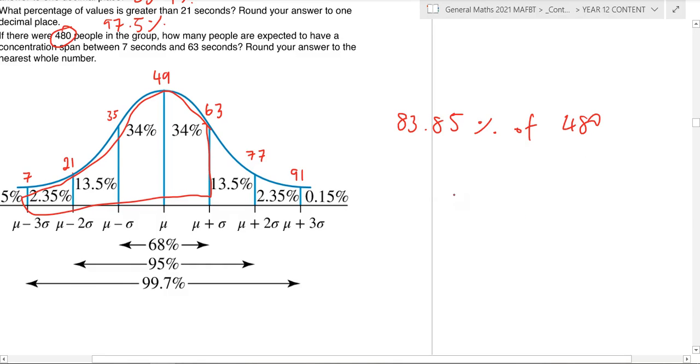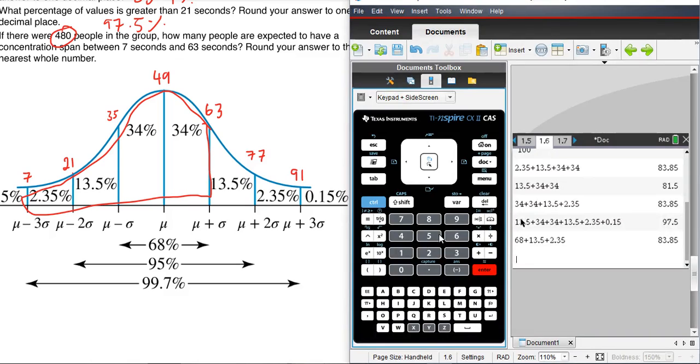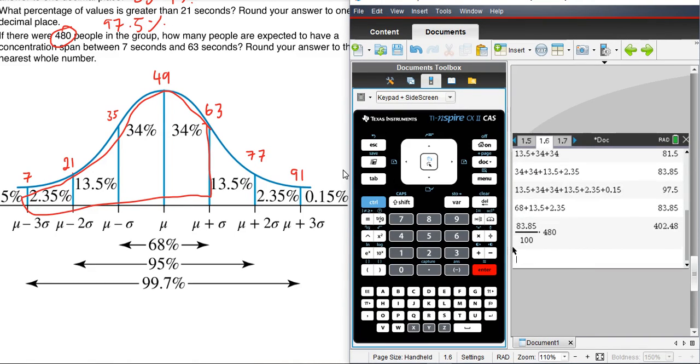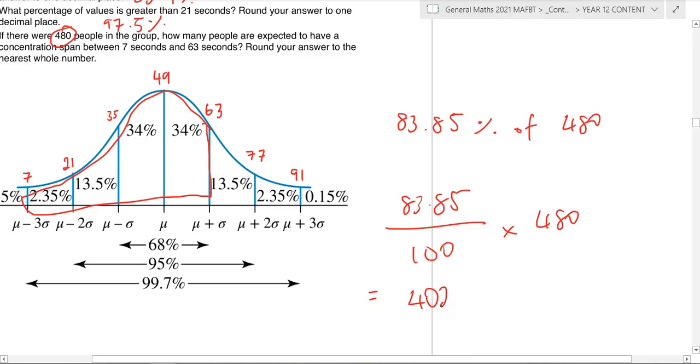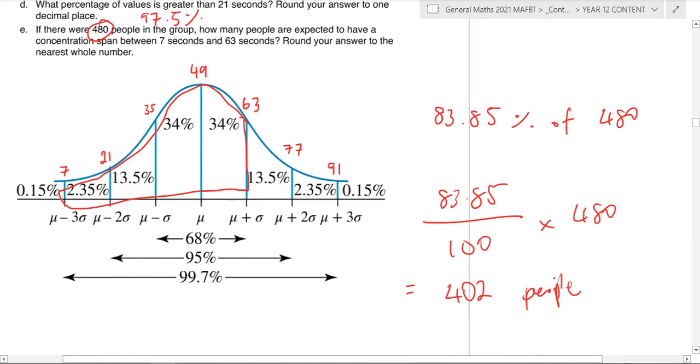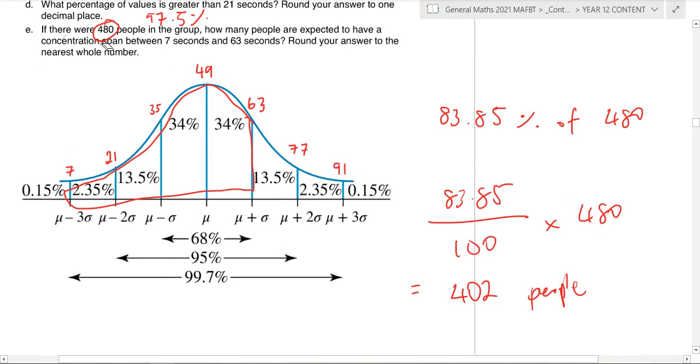So that's going to be 83.85 divided by 100 times 480. And that equals 402 people. So that means 402 people have a concentration span of between 7 and 63 seconds.